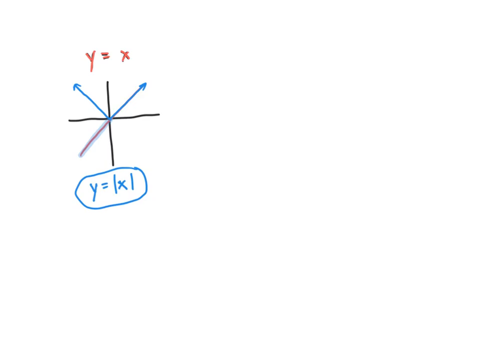So again, anytime you have an absolute value on a function, any of the negative parts of the graph are going to get flipped over the x-axis. Let me write that down.